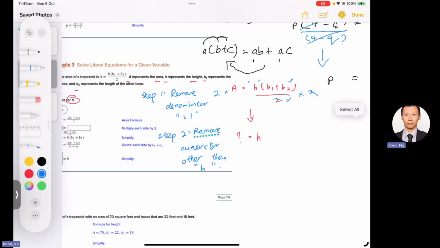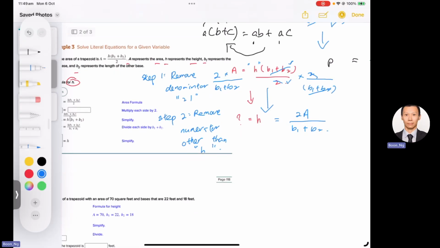What this means is we need to divide by B1 plus B2, and because we do it on the right, we need to do it on the left as well. So these two cancel out. We get 1 H, and then H equal to A over B1 plus B2. That's how you get H.